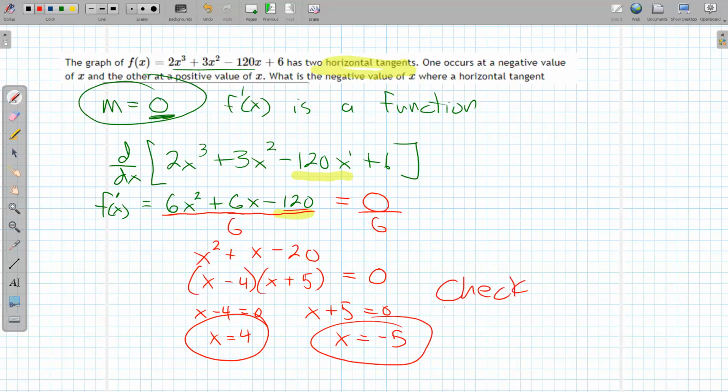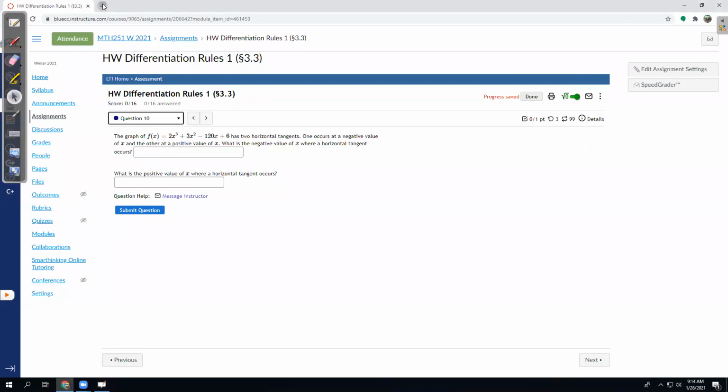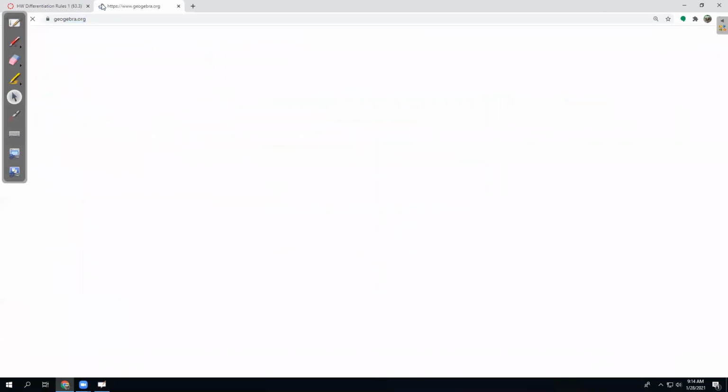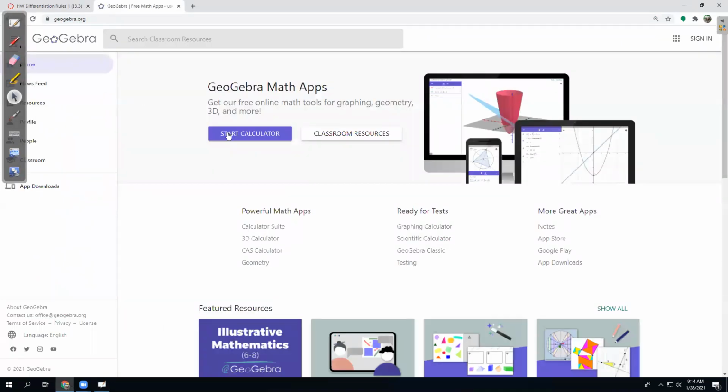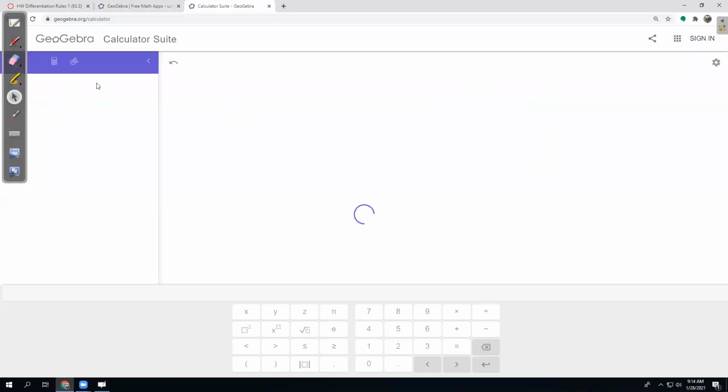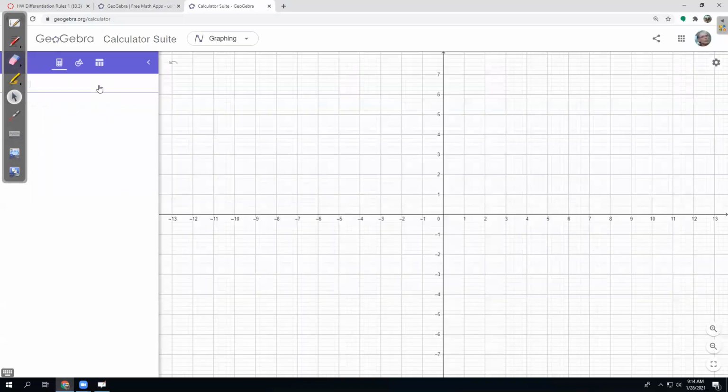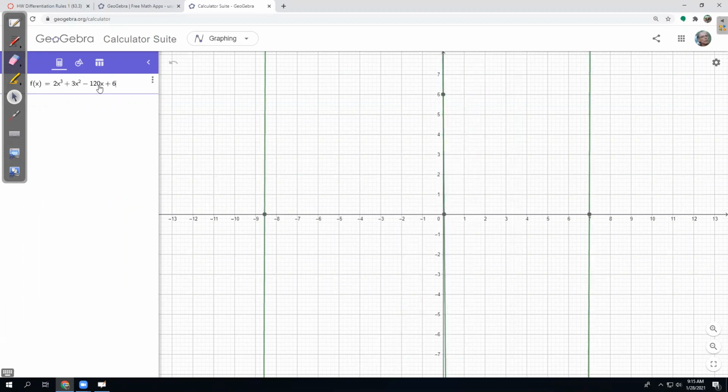But we really should check. And since we have such powerful graphing tools easily at our disposal, let's throw this into GeoGebra or Desmos to check that that is indeed where horizontal tangents happen. I'm going to use GeoGebra, which is my favorite, but if you like Desmos, the same things apply there. All right, so my function f of x is equal to 2x raised to the third power plus 3x raised to the second power minus 120x plus 6.